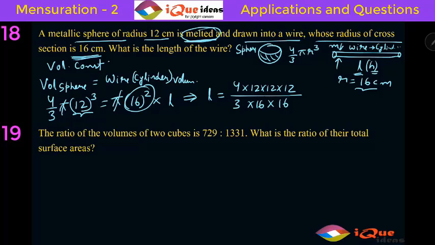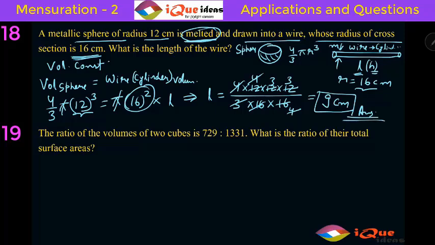Now there will be a lot of cancellation that can be done. 3 cancels one of the 12, 4 times. 4 and 4, 16, cancels one of the 16s. 4 cancels 16 4 times and 12 3 times. Then another 4 cancels with the last 12, 3 times. So final answer will be 3 into 3, that is 9. And the units are in centimeter. So the required length of the wire is 9 centimeter.